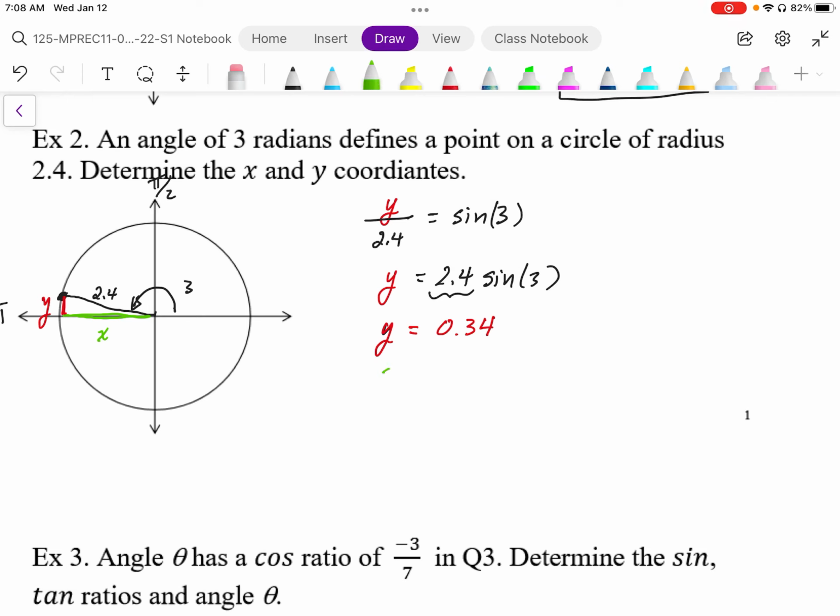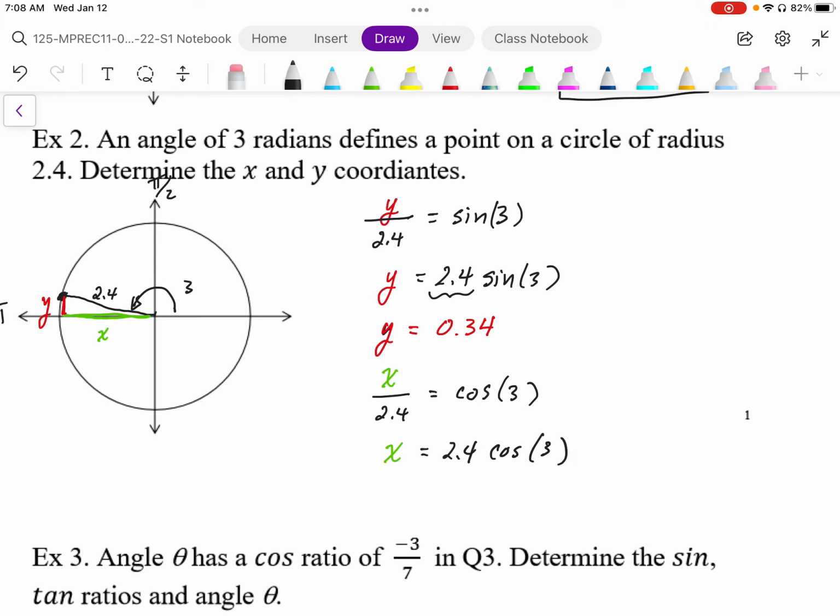The x position can be found. We can start with the ratio again. The cosine ratio is going to be x over 2.4, and that's going to be the cosine of the angle 3 radians. Again, I could rearrange just like I did in the previous one. So the x position is equal to 2.4 times the cosine of 3 radians.